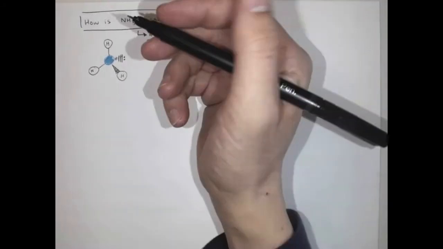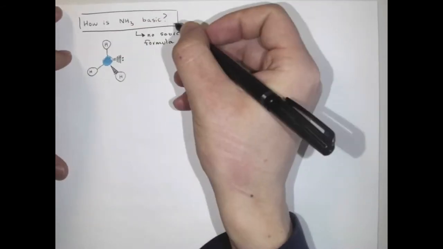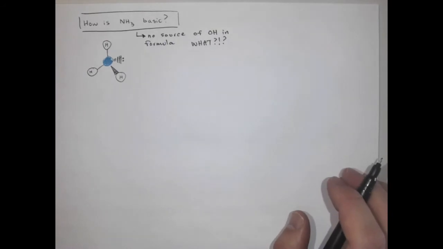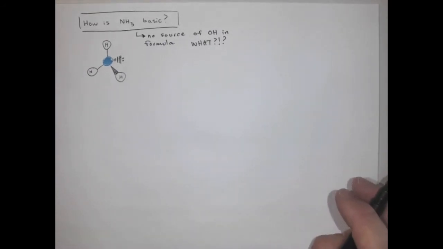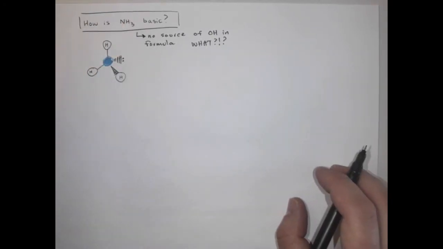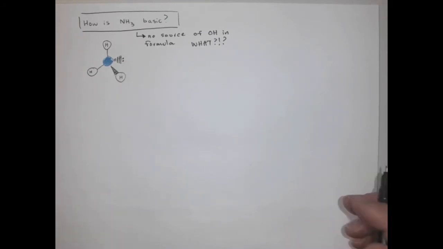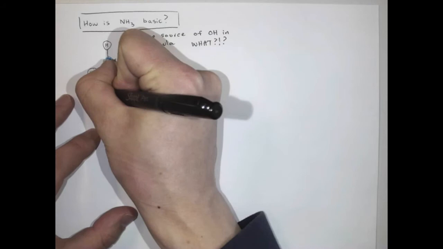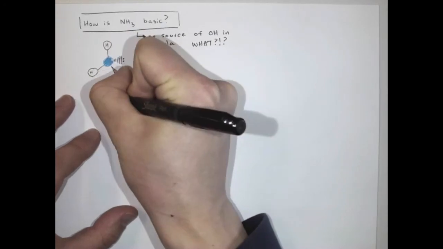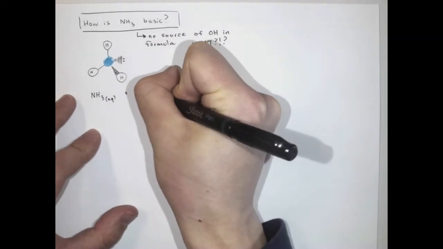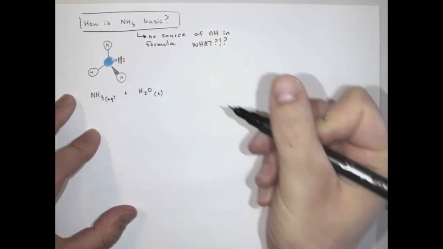So what we actually see with ammonia, if we extend the definition of an acid being a substance that reacts with water to produce hydronium ions, perhaps ammonia reacts with water. Maybe we're discounting water. Maybe water takes part in this reaction. So let's figure out what happens if we include water in the reaction.